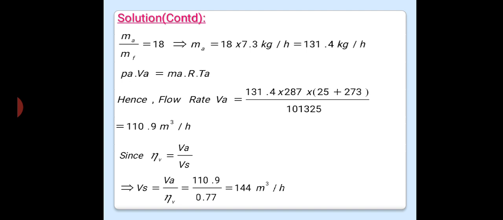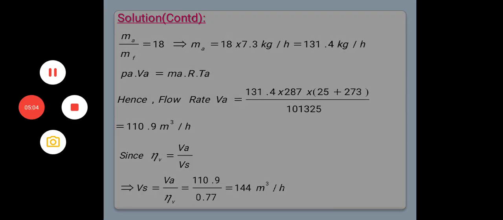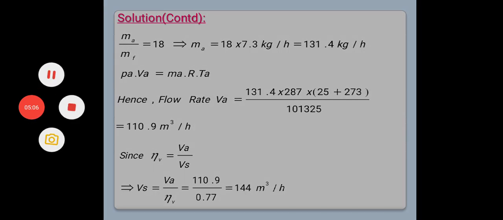So you got the volume is 110.9 meter cube per hour. Now you know the actual volume inhaled. So after substituting the actual volume inhaled and volumetric efficiency, you got the stroke volume, that is 144 meter cube per hour.